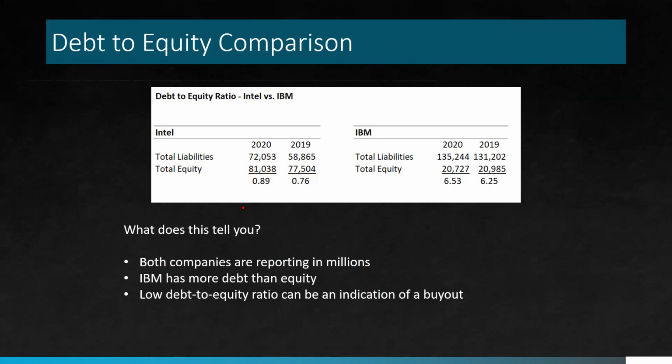But on the other hand, a low debt to equity ratio can also be an indication of a buyout. So you'd have to be doing some reading and researching on these companies to find out what is going on. As we stated in earlier videos, the numbers do not tell the entire story. We can calculate these ratios, but we'd have to do much more research to find out what's going on behind the scenes in other areas of the organization.